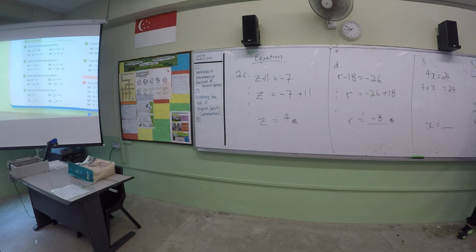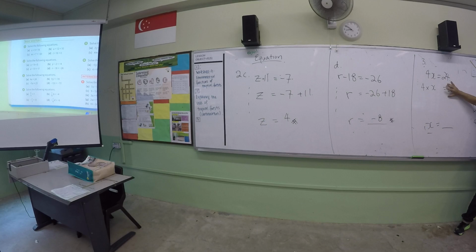Okay? From 4x, how can I change 4x into 1x? If we just look at the left, how can I change 4x into 1x? Not 24 divided by 4. We are only looking at the left hand side.